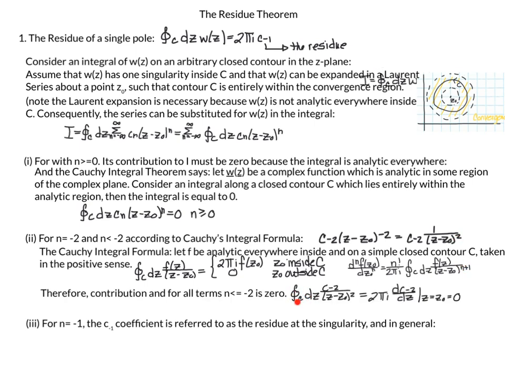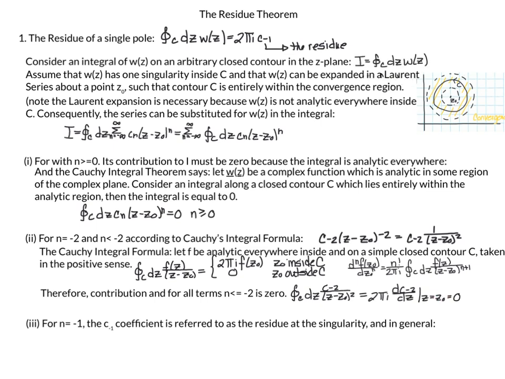And that leads us to this integral of c to the negative 2, that's our coefficient, over z minus z naught squared, that's this portion here, is equal to, moving this fraction over to the other side, remember n is equal to 1, so it's 1 factorial, which is just 1, and this is 2 pi i. So moving it over to the other side, we just get 2 pi i, and where n is equal to 1, the first derivative of our c to the minus 2 coefficient, evaluated at z equals z naught.